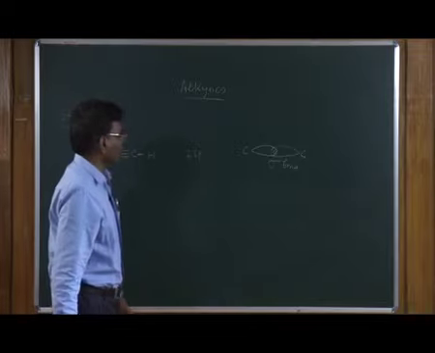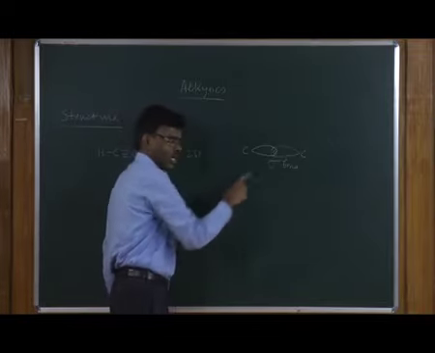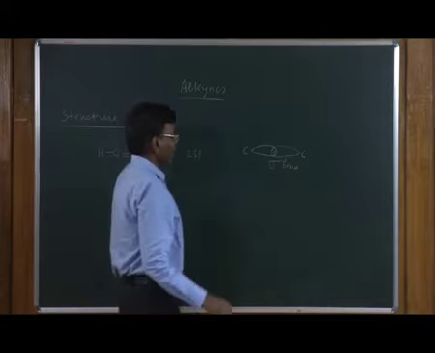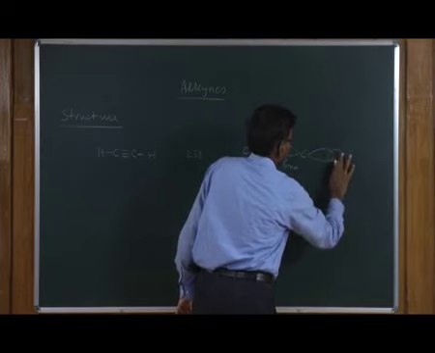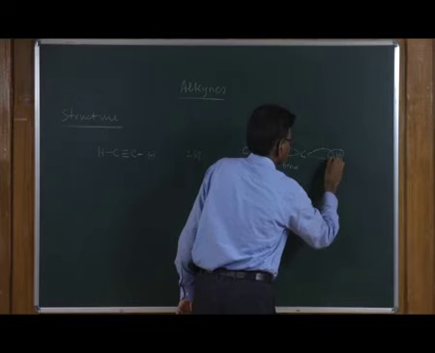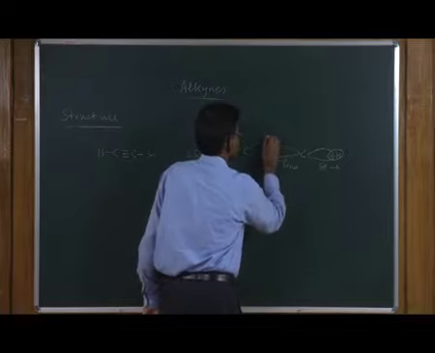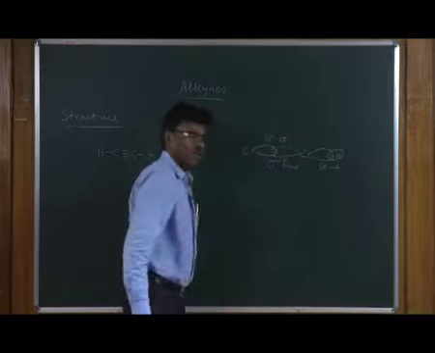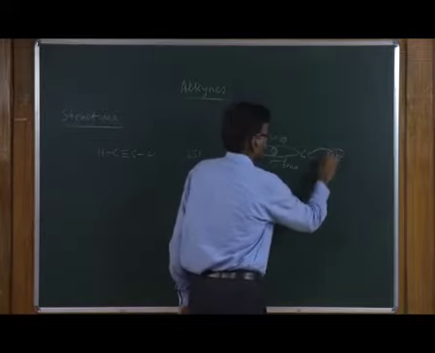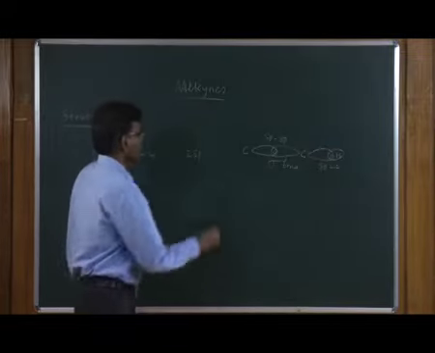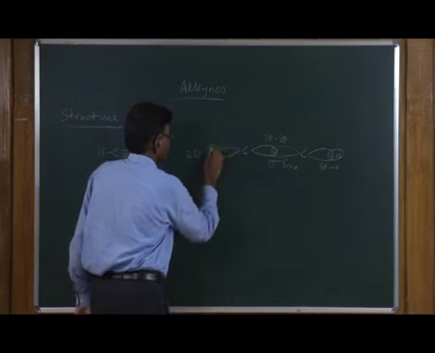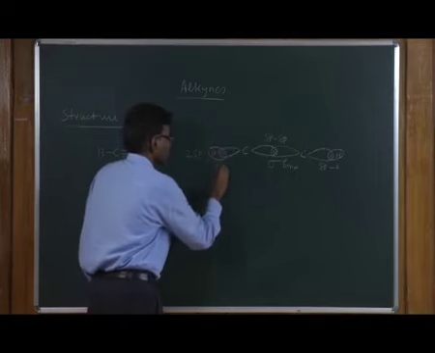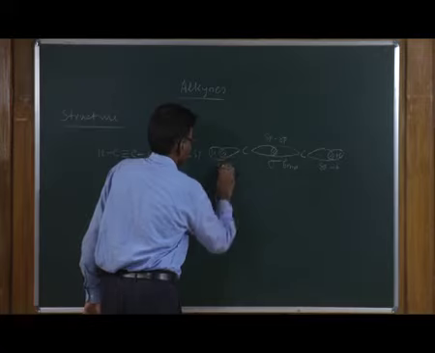So, out of the 2 sp hybridized orbitals, one is involved in the formation of the carbon-carbon bond. The remaining sp hybridized orbital overlaps with the s orbital of hydrogen to form the carbon-hydrogen sigma bond. Similarly, the sp hybridized orbital of the other carbon can overlap with the s orbital of hydrogen to form another carbon-hydrogen sigma bond.